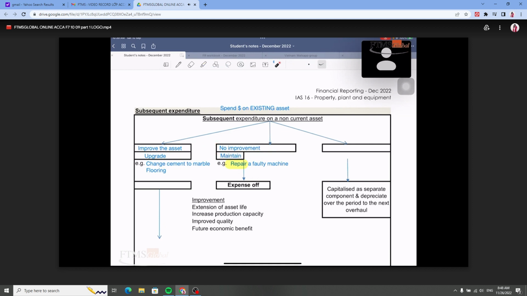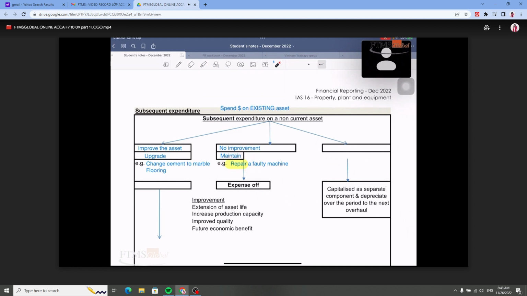Okay, then let's talk about the accounting treatment now, starting with the easy one. If there's no improvement, then you should expense off. Hopefully now you understand how come repair cost is expensed off. A lot of people don't understand. They just say, oh, repair cost is expense. Then people ask why? Because it's expense. That's a wrong explanation.